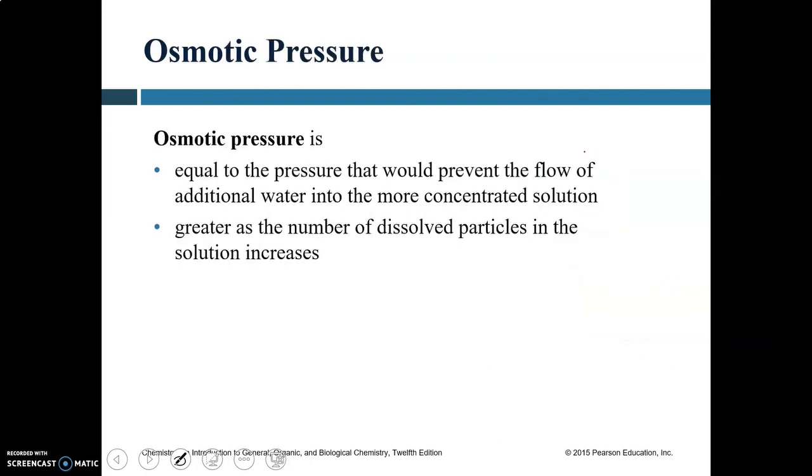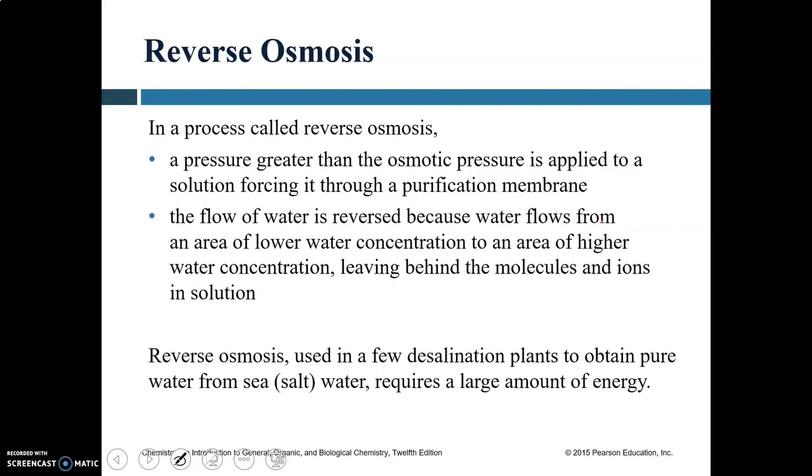Osmotic pressure is the pressure that would prevent the flow of water into the more concentrated solution. Kind of how can you resist the osmosis itself? Osmotic pressure becomes bigger as the number of dissolved particles in the solution increases.